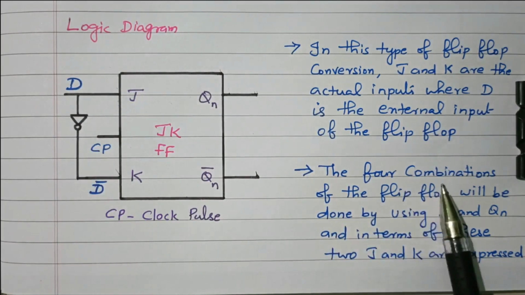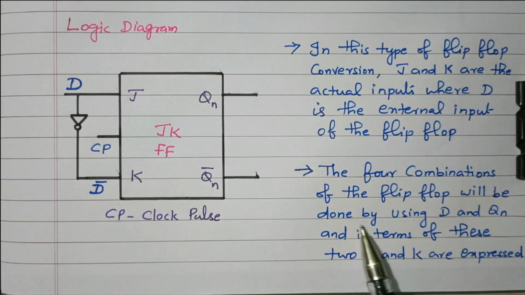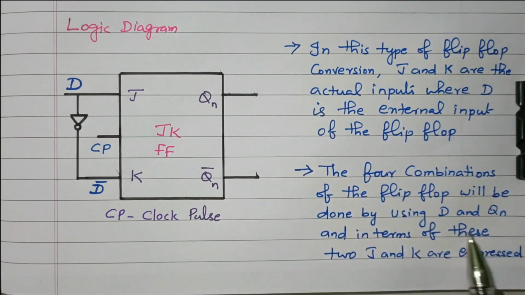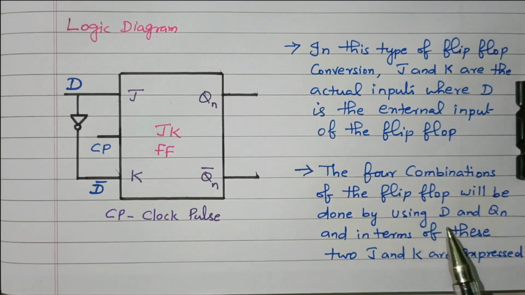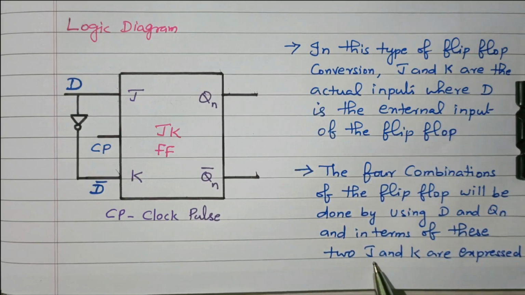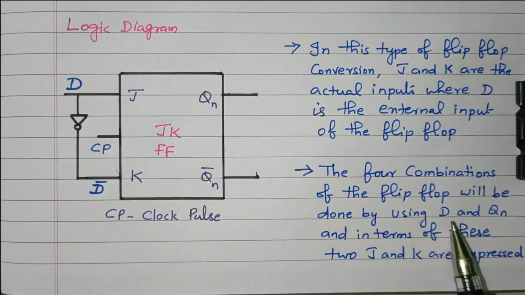The four combinations of the flip-flop will be done by using D and Qn, and in terms of this, J and K are expressed. Right? We analyzed the four combinations with D and Qn: 0, 0, 0, 1, 1, 0, 1, 1. From that we discussed J and K. J equals D, K equals D bar, expressed in terms of J and K.